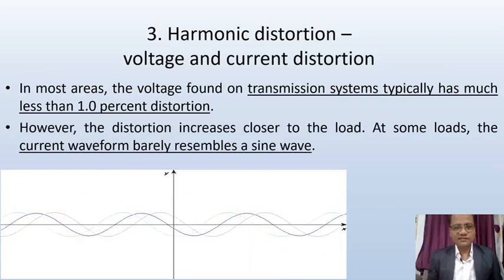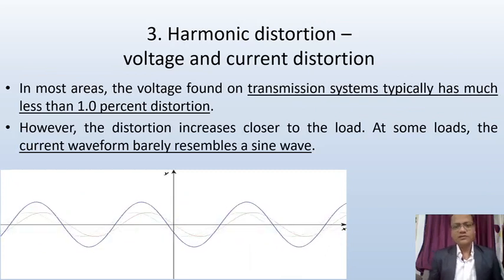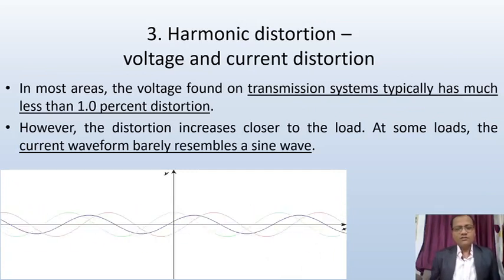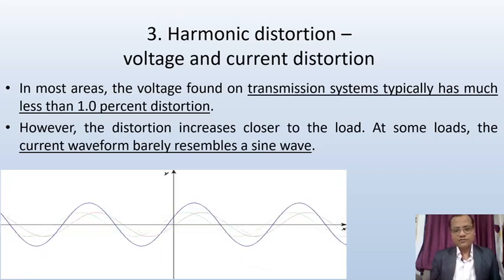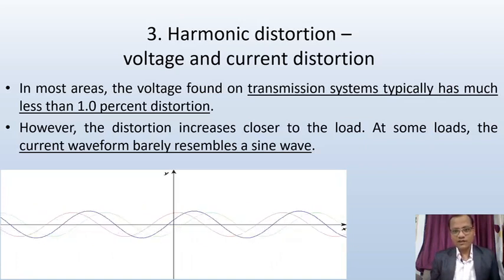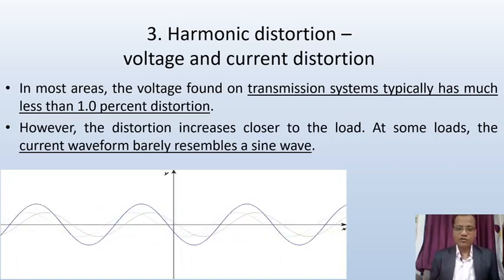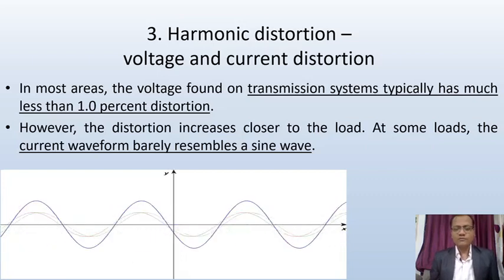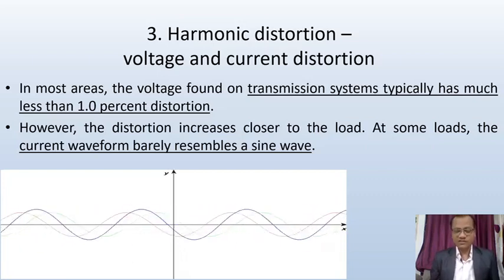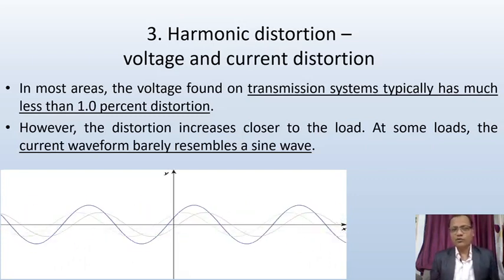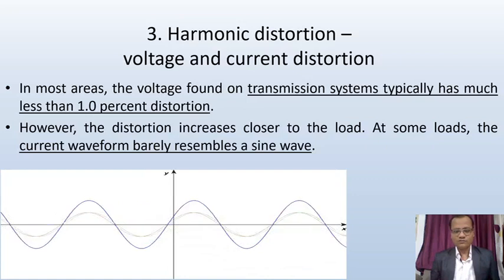Now let's understand harmonic distortion. Here basically there might be voltage distortion or current distortion. This harmonic distortion is a very huge part of power quality, because 70 to 80% of the problems of power quality are due to harmonics, and that's why more weightage is given in this particular course to harmonic distortion.